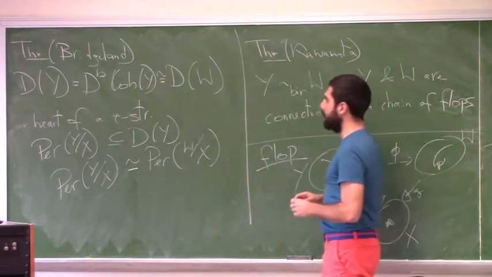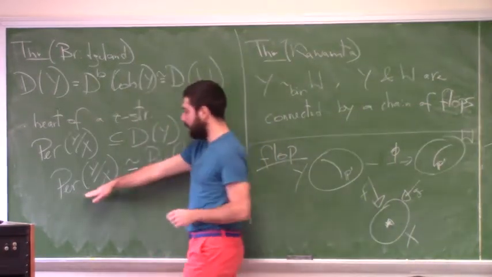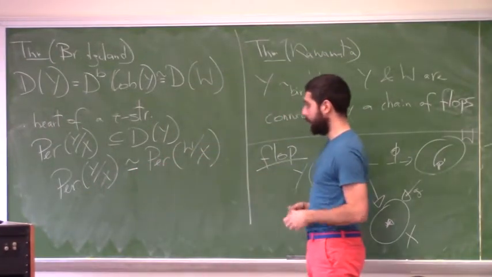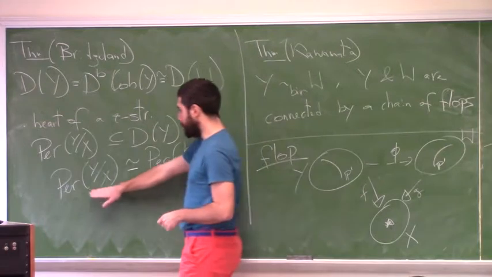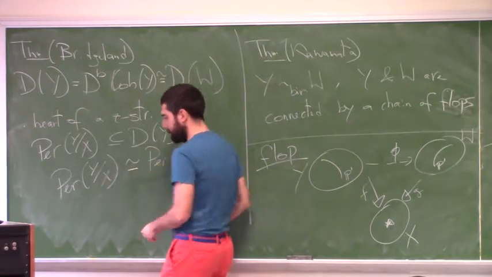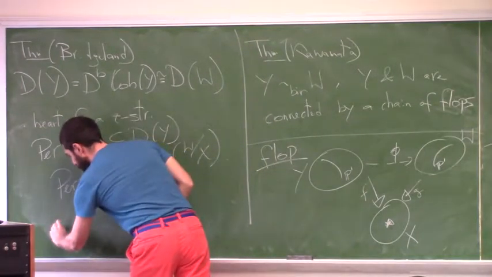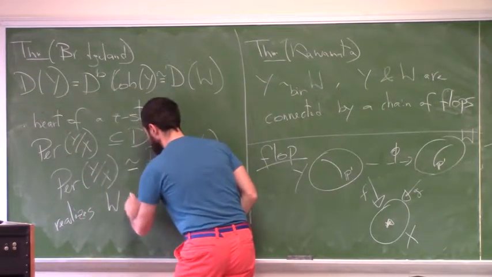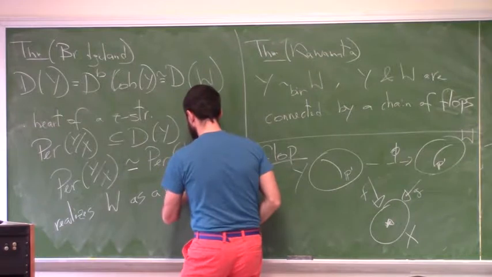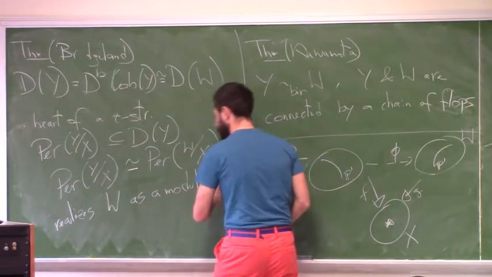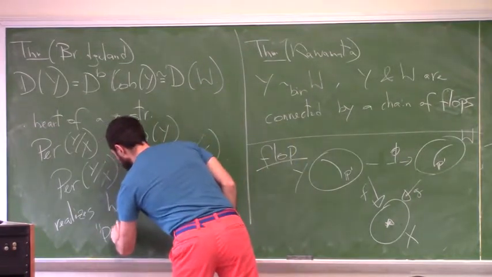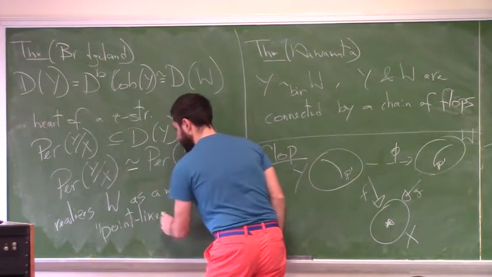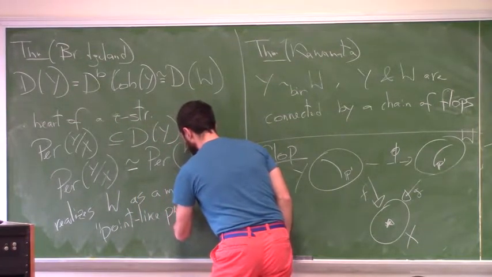I'm going to write down the definition of this category in a second, because it's really not complicated at all, and it's purely intrinsic to the map from Y to X. He also realizes W as a moduli space of point-like objects, let me say point-like perverse coherent sheaves.